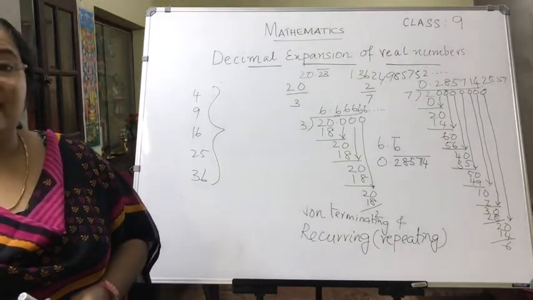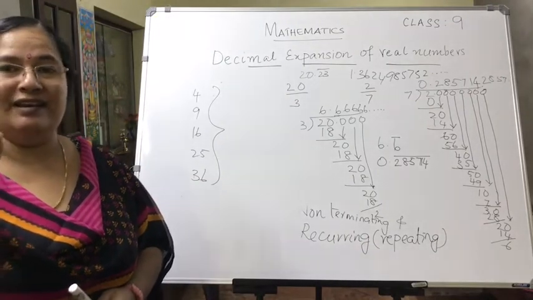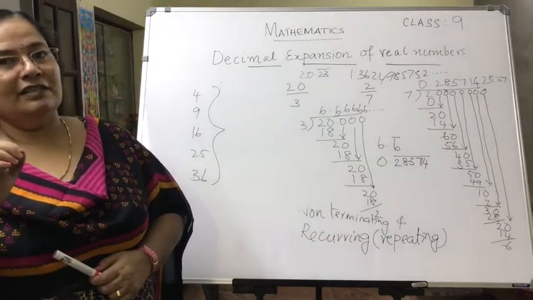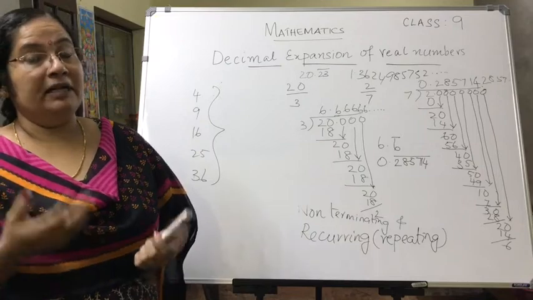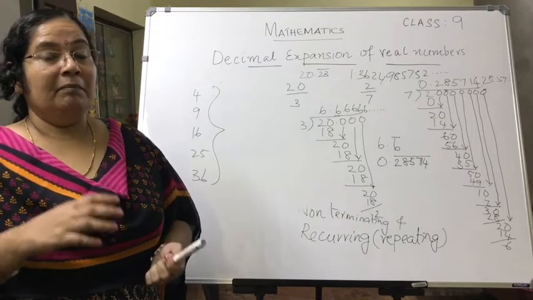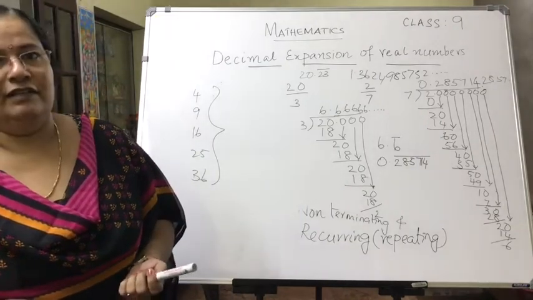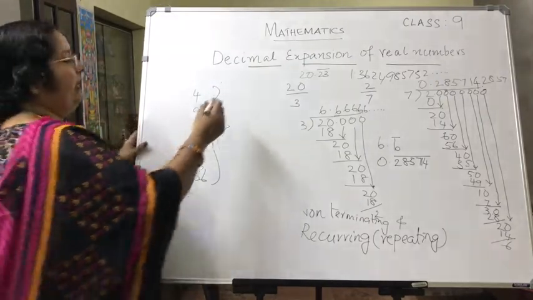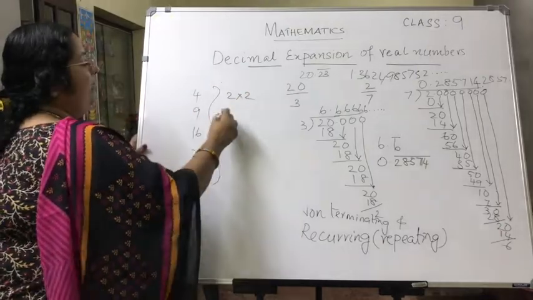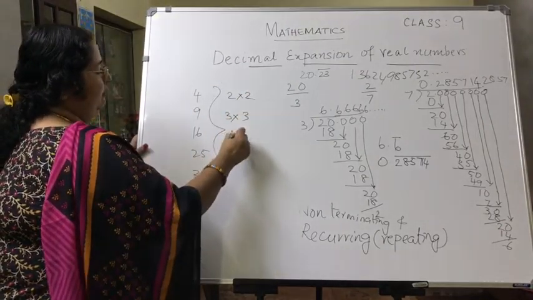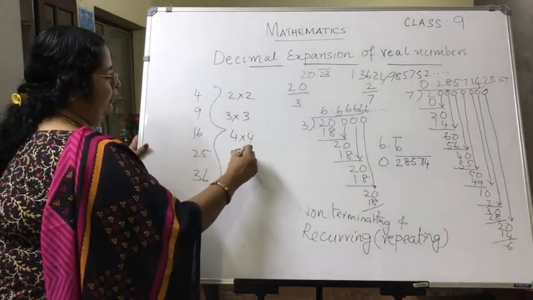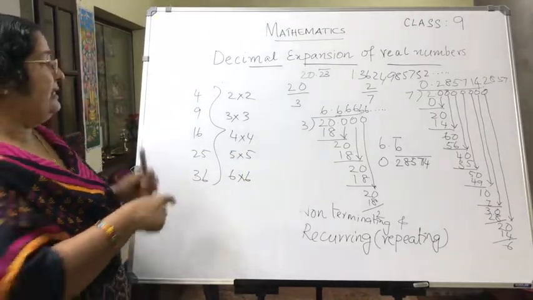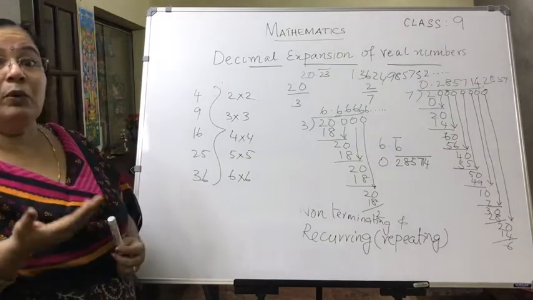They are perfect squares. Why do you call them perfect squares? Because they are obtained by multiplying a number with itself. The same number is being repeatedly multiplied. So 4, how are we getting it? 2 into 2. 9, 3 into 3, 16 is 4 into 4, 25 is 5 into 5, 36 is 6 into 6. The same number is being repeated. These numbers are called perfect squares.